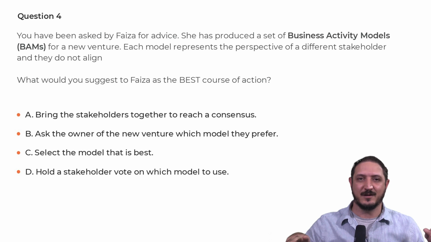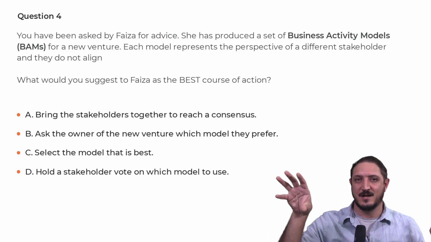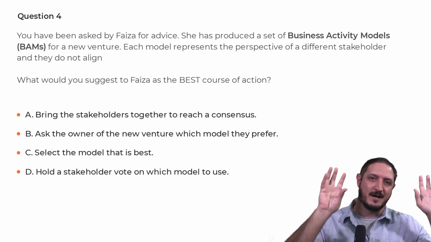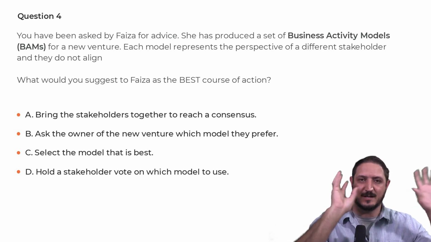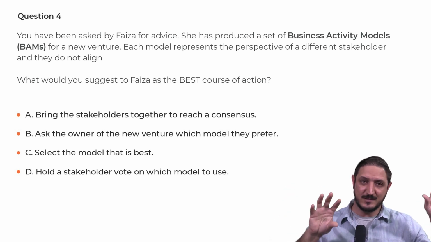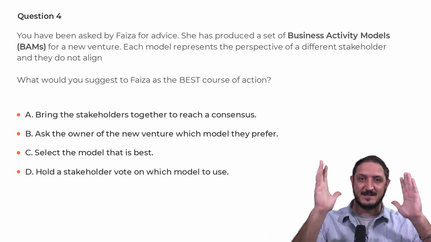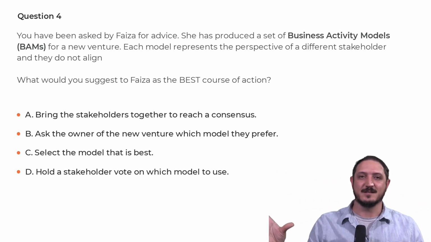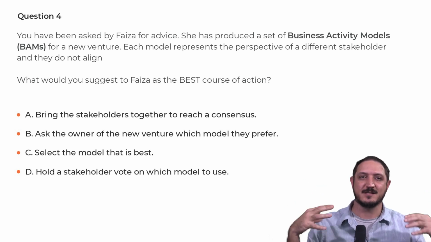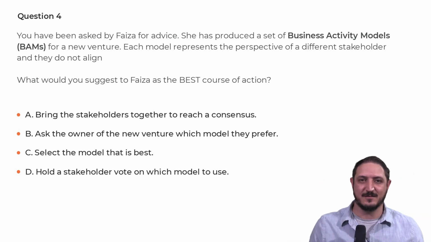So we may be in an organization where maybe the managers of the organization have mapped out what they think the organization does, and then the customer services department, they have mapped out how they think the organization does it. All these different perspectives. There may have even been various executives or leaders, senior leaders of the organization, who we want to clarify what they think is the most optimal model for the business to carry out its activities.